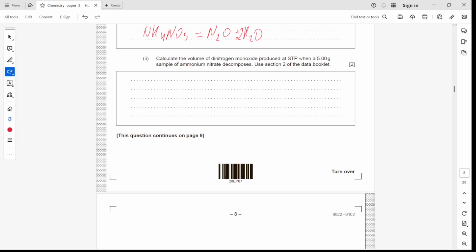And now we need to calculate the volume of dinitrogen monoxide. What we can do is calculate the number of moles of ammonium nitrate, which is basically 5 divided by 80, and it's 0.0625.